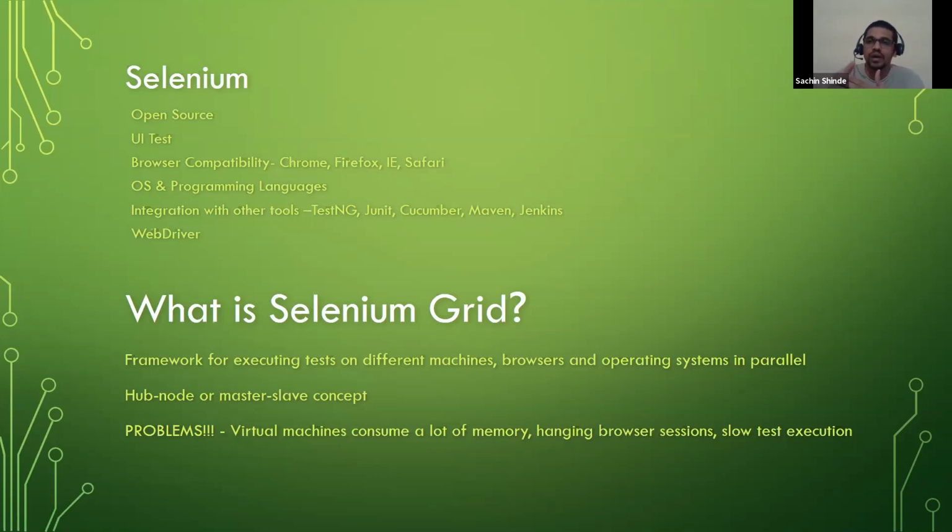But the common problem with Selenium Grid is that it requires really high maintenance, because you have either physical machines as runners, or you have virtual machines, and you need to connect them every time. You need to get the entire setup up and running.